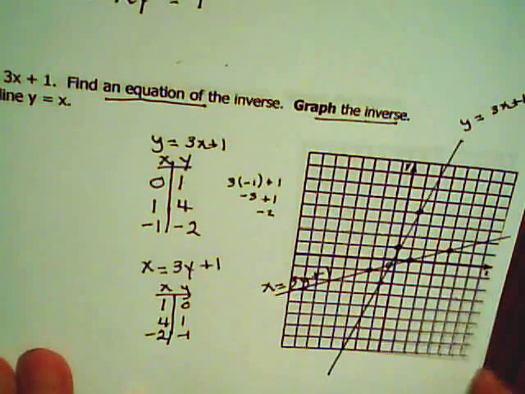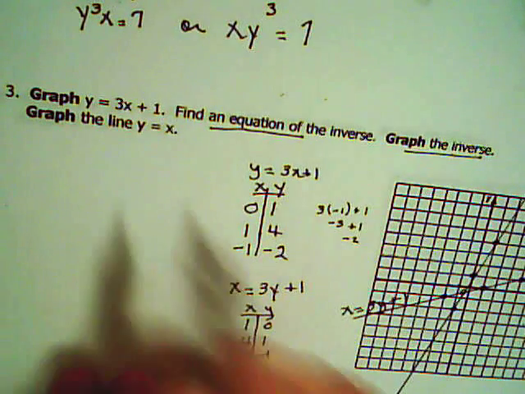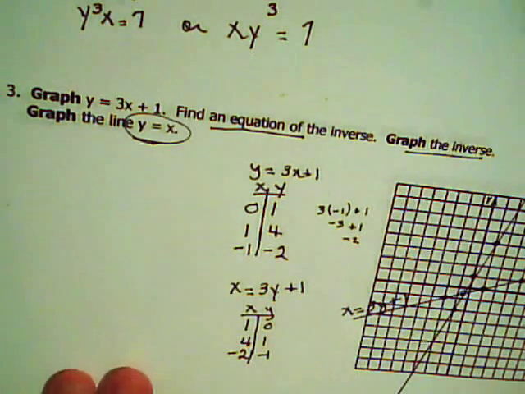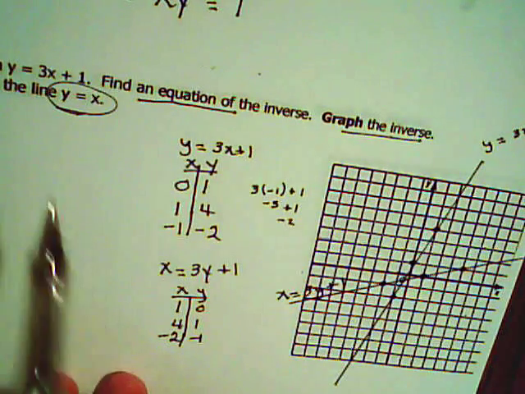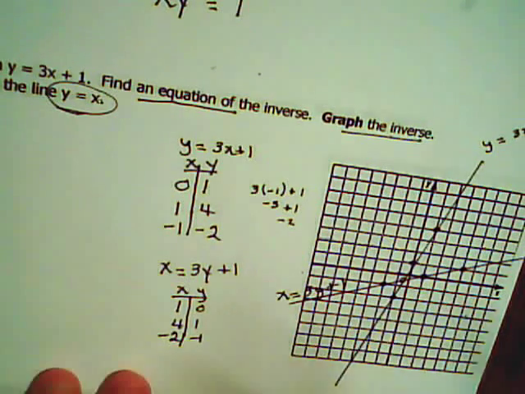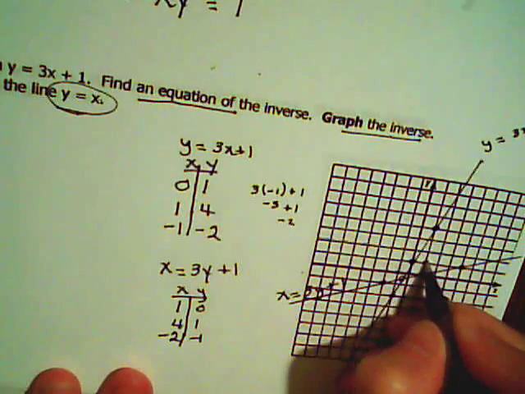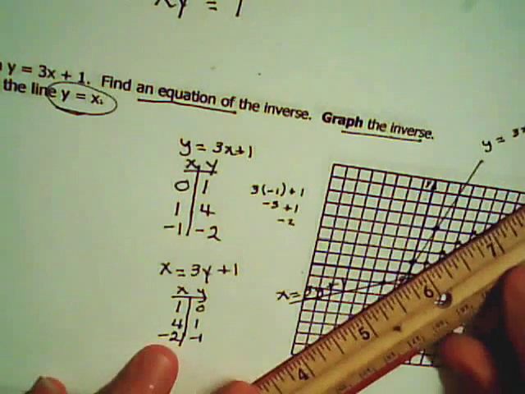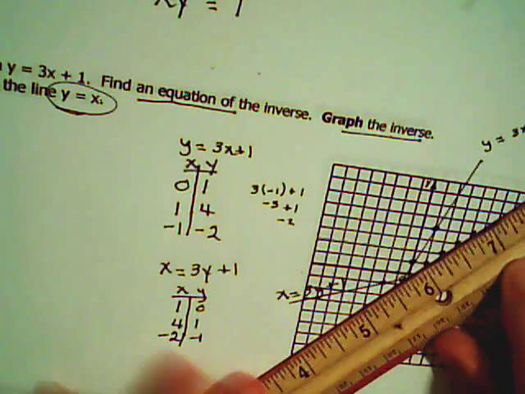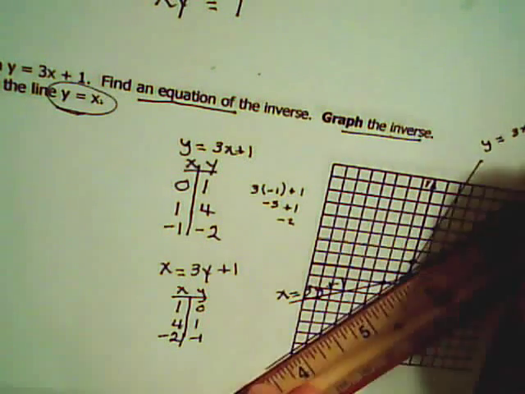Now it asks you to do one other thing, and that's just for observation. Graph the line y equals x. Remember, this line bisects quadrants 1 and 3, and just in what it says, your x and your y points are equal. So that would be (0, 0), (1, 1), (2, 2), (3, 3), (4, 4), and so on. Now you're going to see something happen that will happen with all of your inverse functions.